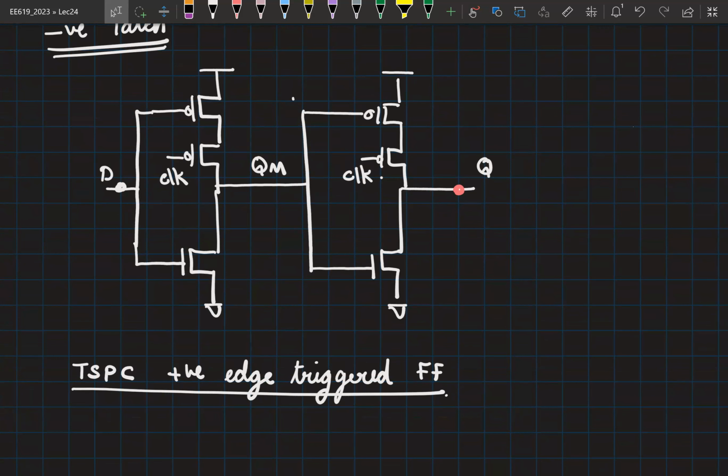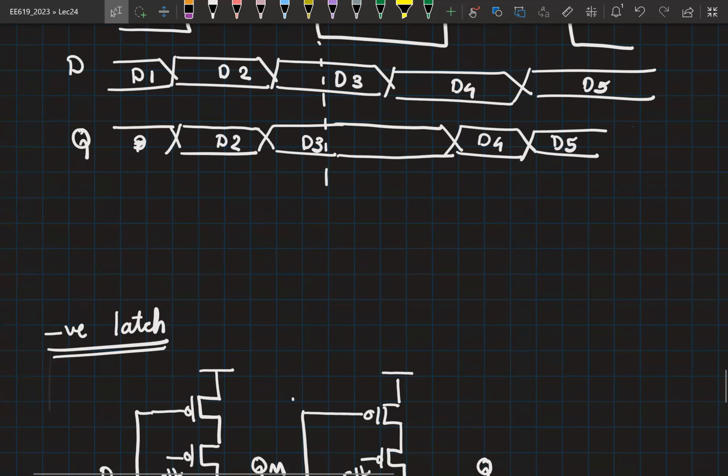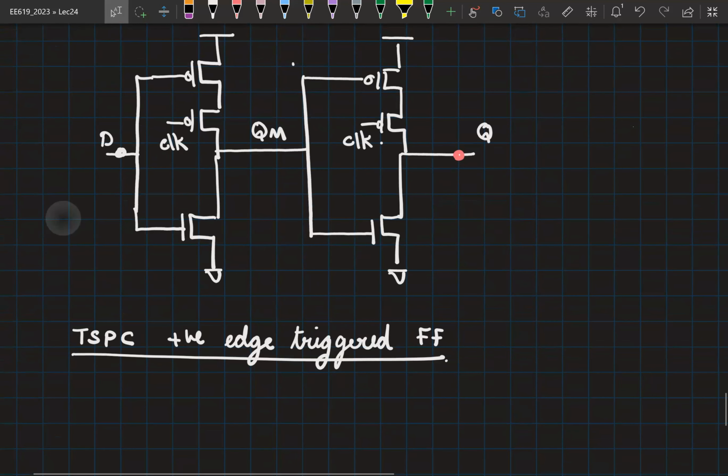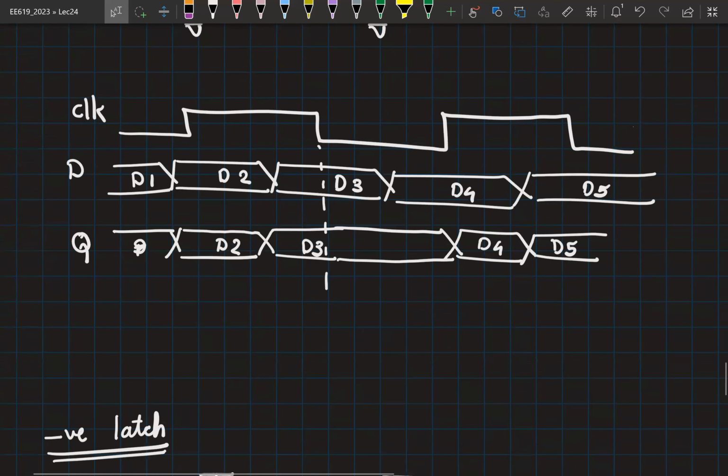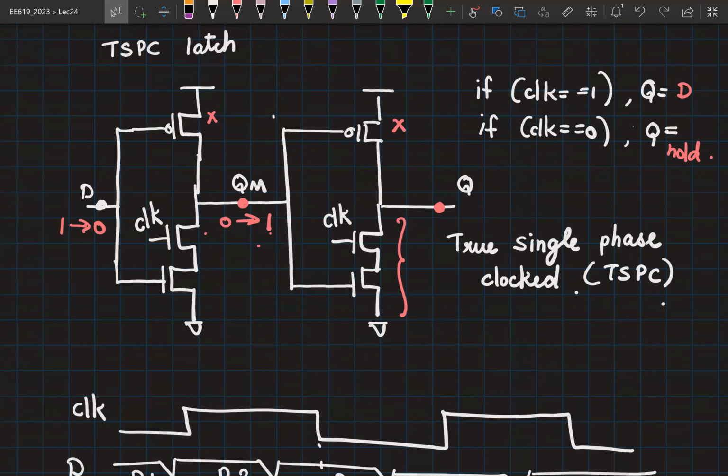So what happens if you don't have the middle stage? So you're asking why not use only the first stage, is it? So then would you have both as clock or will you have clock and clock bar? So in this analysis, when we did it earlier, during clock equal to 0, we were safe because a transition here couldn't trigger a transition at the output.